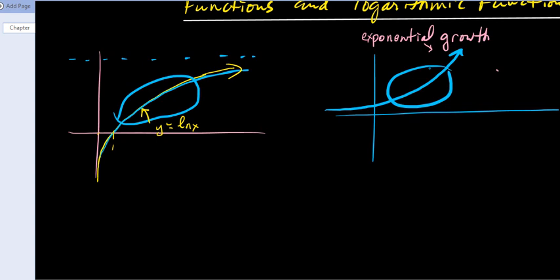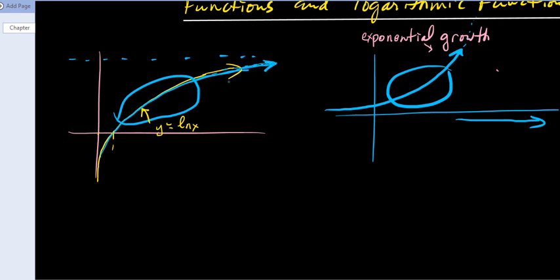They're both increasing, but you'll notice that the rate of growth is slowing down over time here, and this rate of growth is picking up over time. If you extend this over more and more time, it keeps growing out of control. This one starts to slow down and approach some kind of maximum.